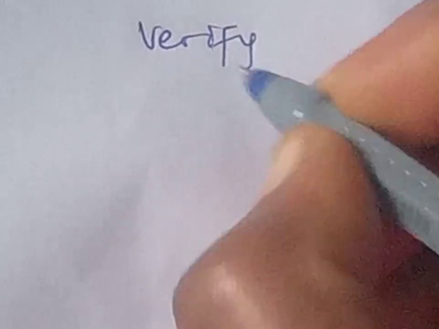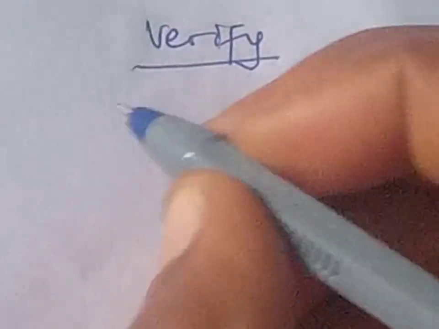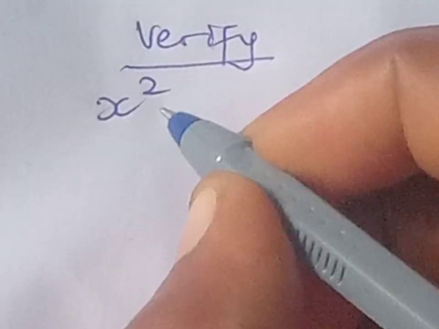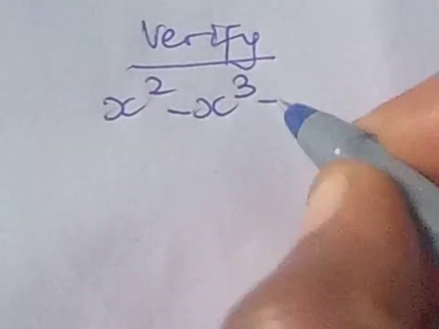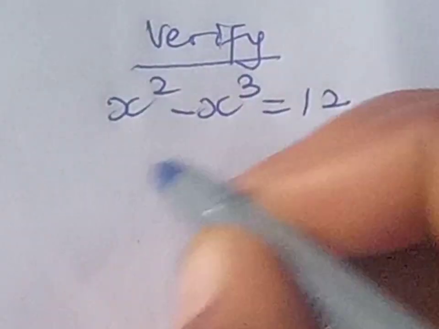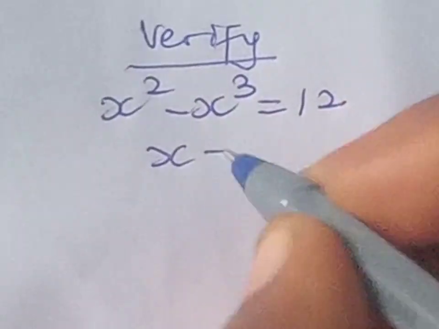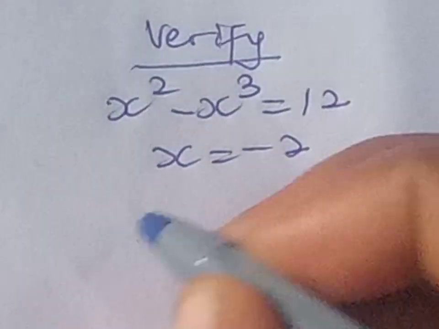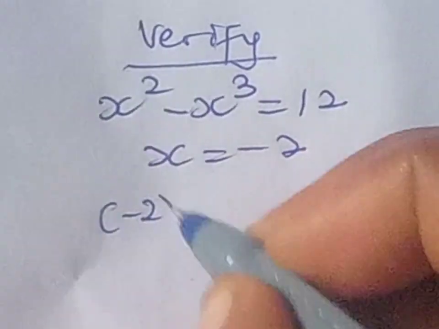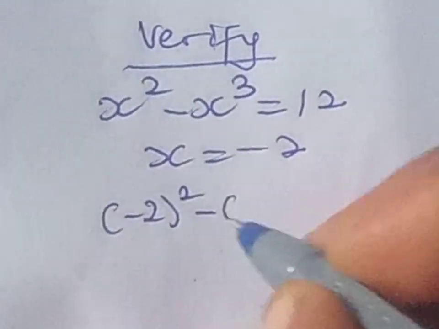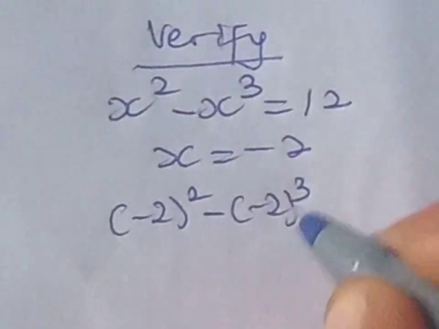Now let's verify our answers. Our equation again says x squared minus x cubed equals 12. Now let's substitute x equals minus 2. So we have minus 2 squared minus minus 2 cubed.